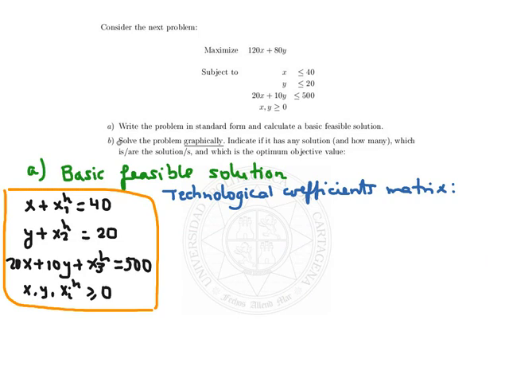To calculate a basic feasible solution, we must consider the feasible region of the problem in standard form and then calculate the technological coefficient matrix, which in this case is 1 for the x, 0 for y, 1 for x1h, 0 for x2h, 0 for x3h.